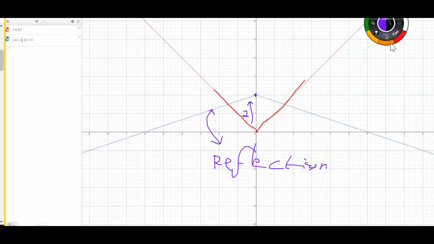So that's the second transformation. And finally, you see what? You see compared to your parent picture, your baby picture is wider than your parent picture. So how do I describe wider? It is vertical compression.